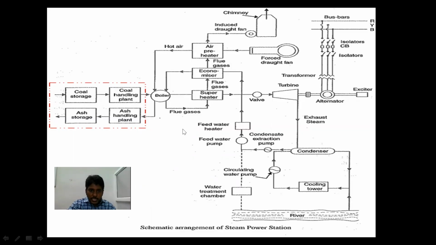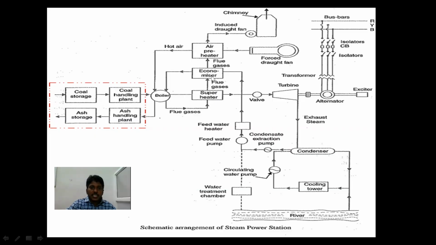So I am passing these flue gases through the superheater, and then the steam that comes from the boiler will be heated again. That is called superheated steam, so that it gains its full energy, and it will give a lot of energy in the turbine.